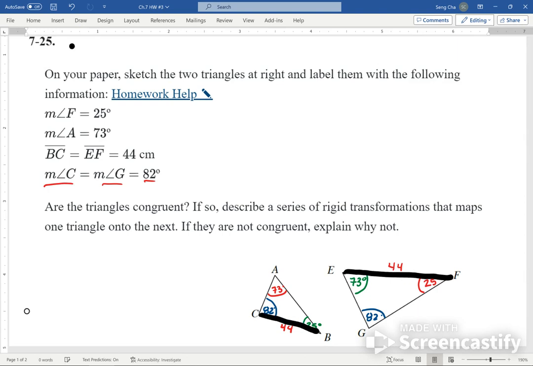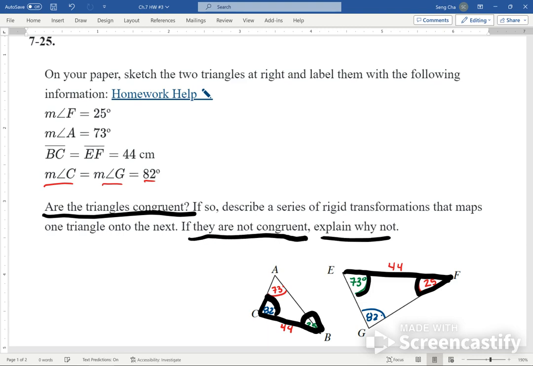And on the side of it is 25, on the side of it is 25, so that matches. On the other side is 82, and on the other side is 73. See how that doesn't match? So that means that we cannot say that these are congruent. So these triangles are not congruent. So are the triangles congruent? This is no. They are not congruent.